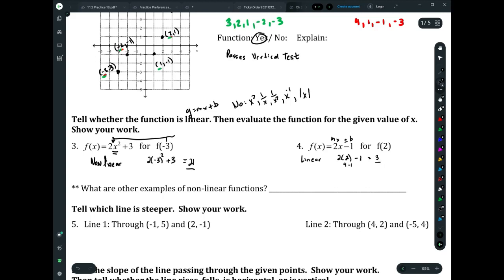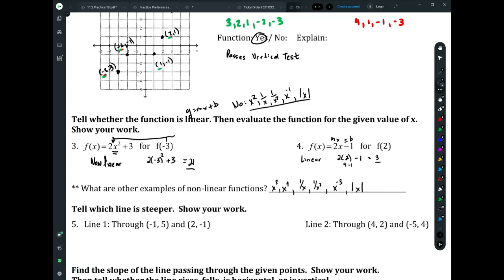Other examples of nonlinear functions: x squared, anything x to the third, x to the fourth, and so forth, 1 over x, 1 over x squared, a negative exponent like -3, and absolute values of x.